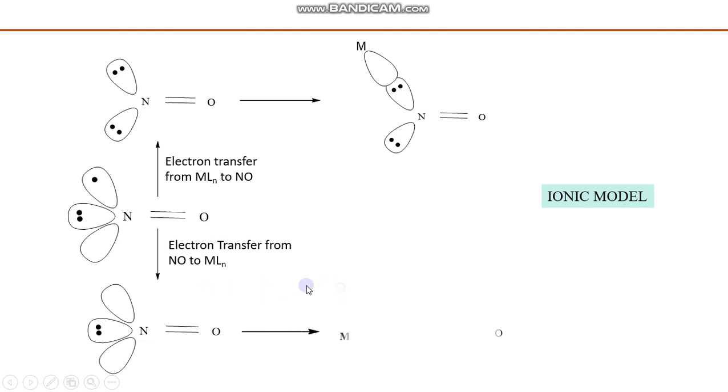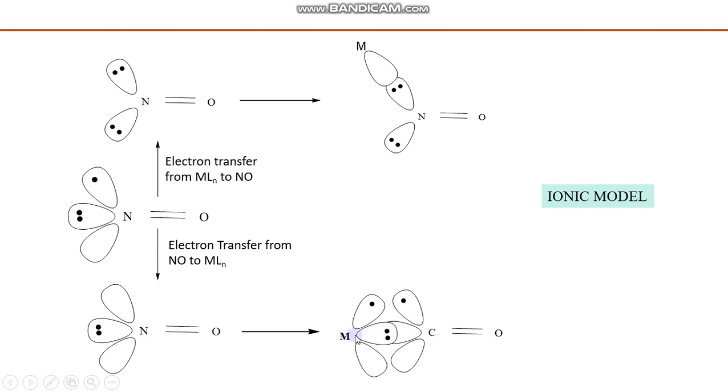On the other hand, whenever electron is donated by nitrosyl, this donation of electron makes this orbital empty, and metal accepts that electron. So now metal will offer its empty orbital, or metal will orient its empty orbital toward this orbital.